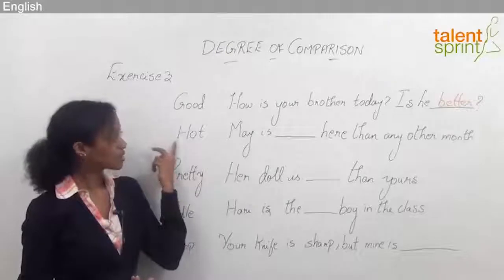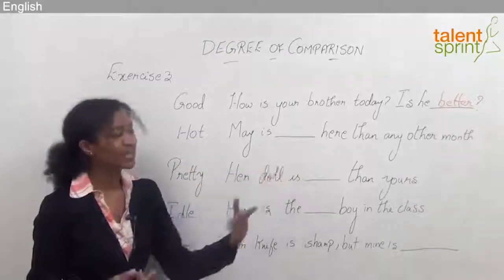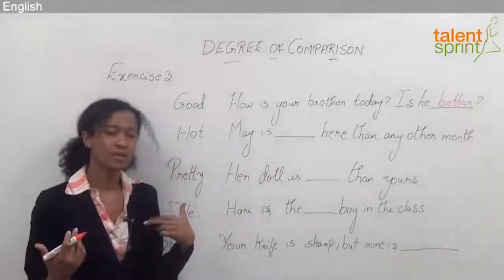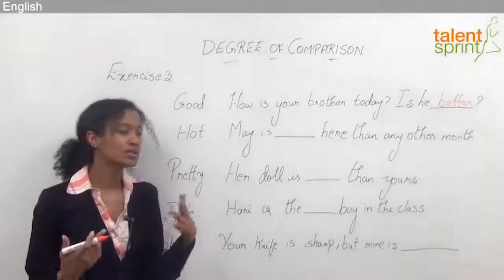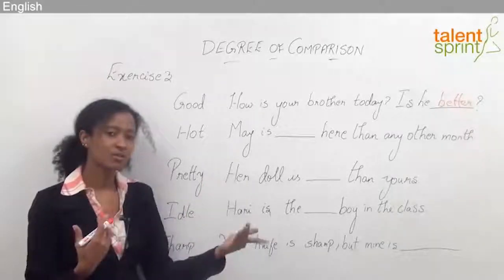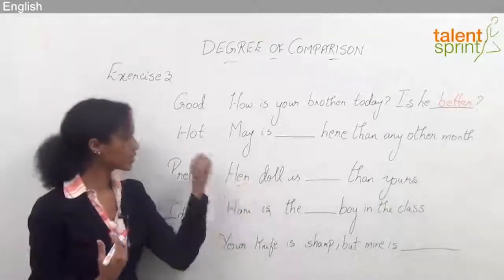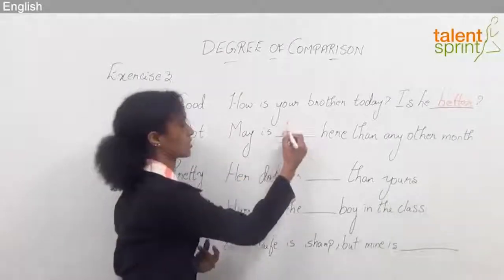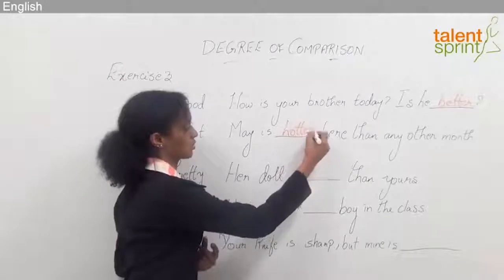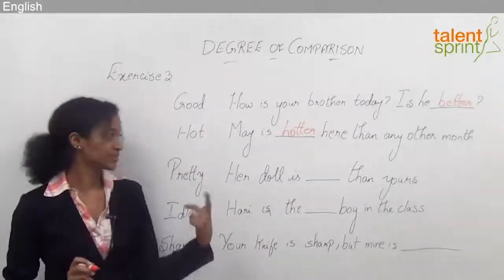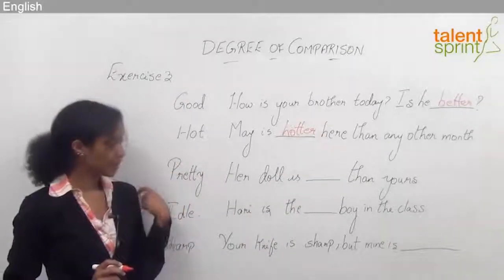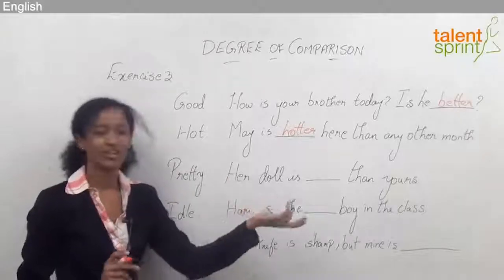Comparative. Hot. May is dash here than any other month. You're comparing May to other months. So again, it's a comparative degree. May is hotter here than any other month. Pretty. Her doll is dash than yours.